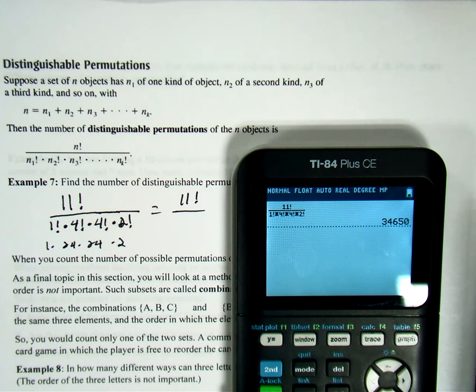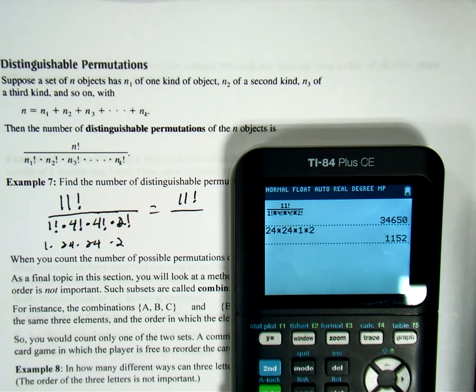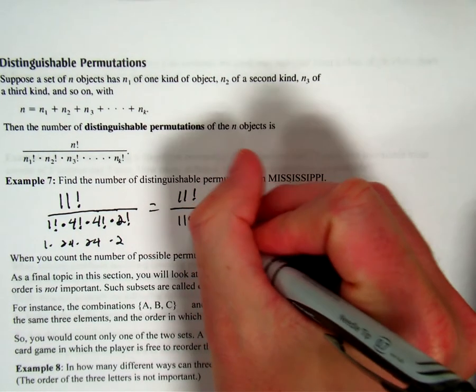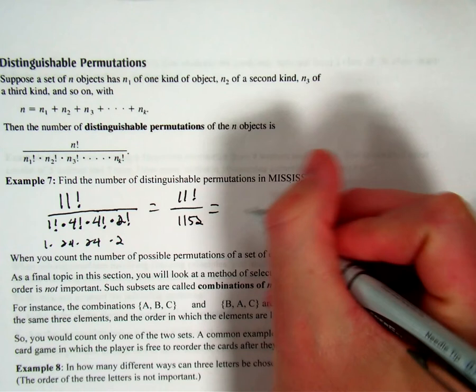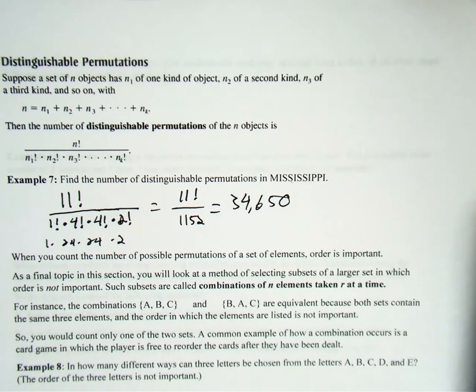Otherwise, we had 24 times 24 times 1 times 2 for 1152 on the bottom. And then we could type that in, and we'd still get 34,650.